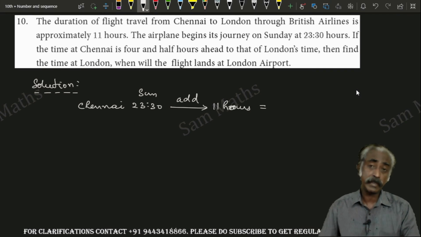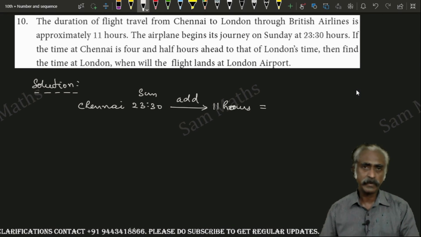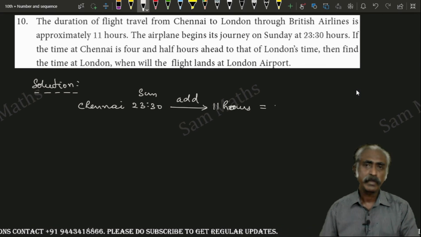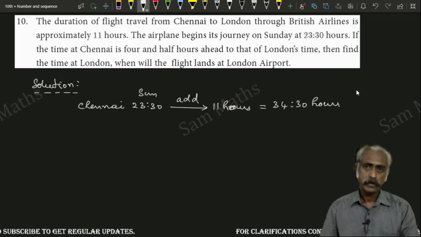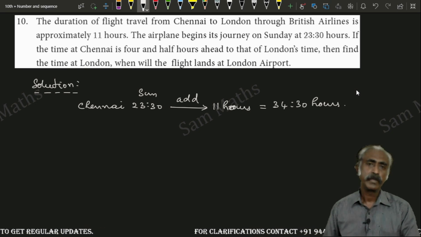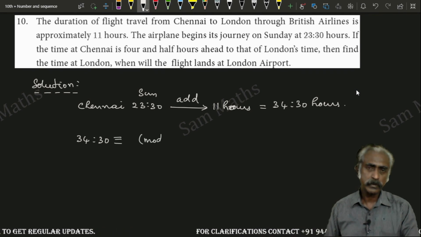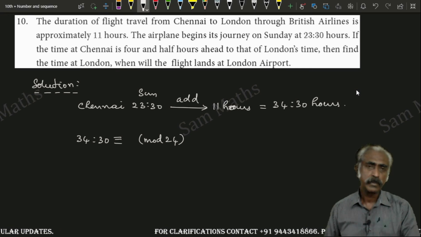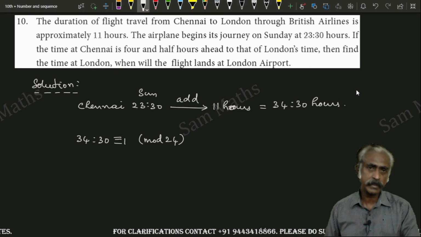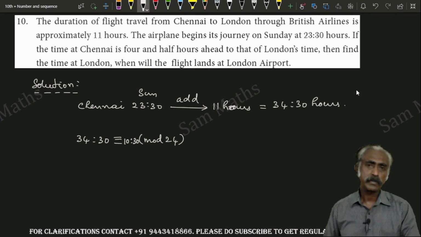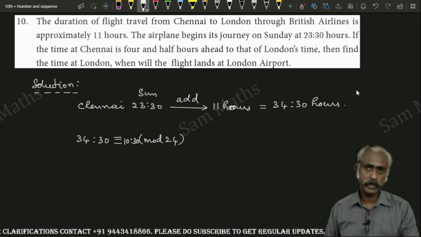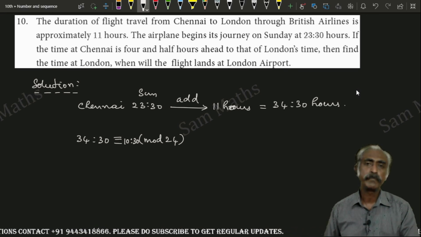After that you will get the next day. So you add 11 hours with this, we are getting 30 hours from Sunday. Now you consider 30 hours congruent modulo mod 24, per day 24 hours. So we are getting, while subtracting it, it's 6:30. Clear, children? So the quotient is one time. So we are moving to the next day.